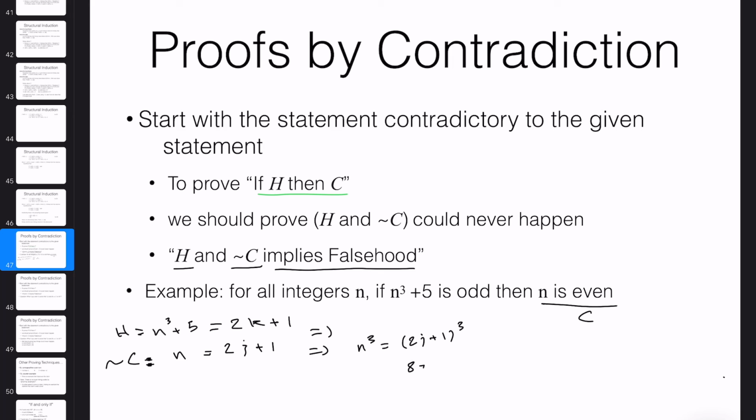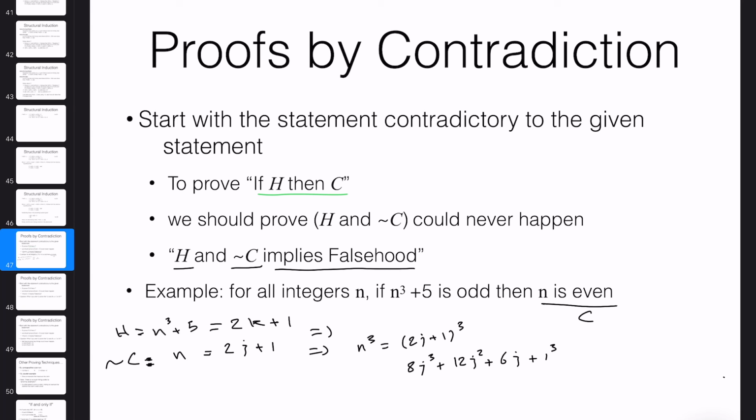I guess 8 multiplied by j power 3 plus 12 multiplied by j power 2 plus 6 multiplied by j plus 1, as far as I remember.